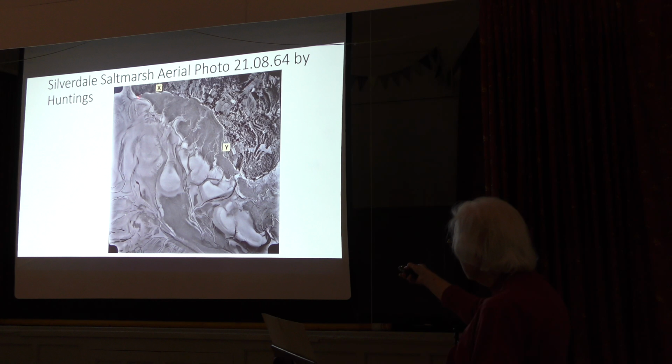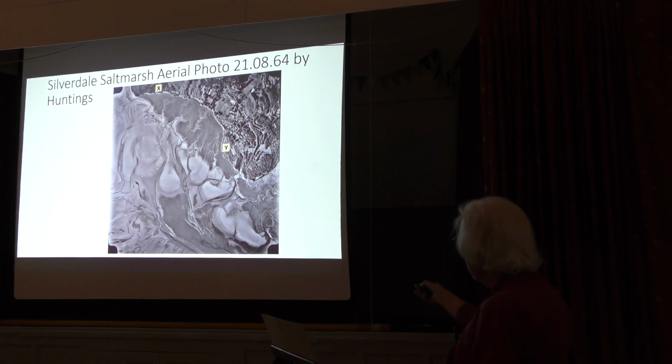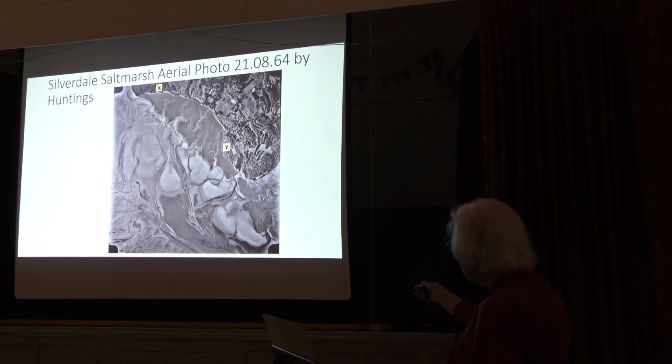Park Point is over there, Jenny Brown's Point is down here. And you can see that all this dark area here is in fact salt marsh. So there was, in 1964, a very extensive salt marsh. It was virtually 1 kilometre wide here at the cove, which you'll probably be quite familiar with.